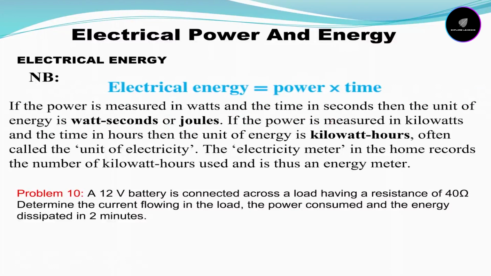If power is measured in watts and the time is seconds, then the unit of energy is watt seconds or joules. If the power is measured in kilowatts and the time in hours, then the unit of energy is kilowatt hours, often called the unit of electricity.